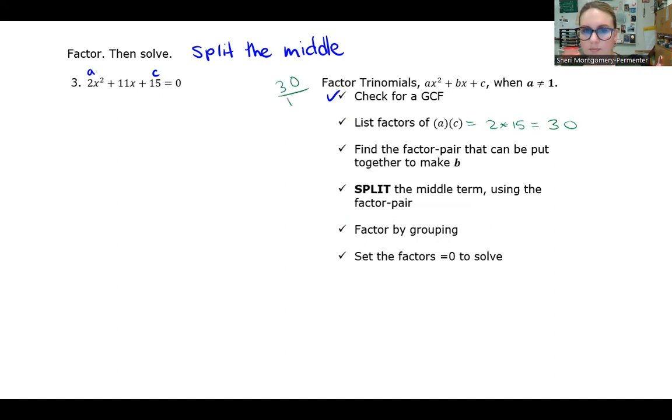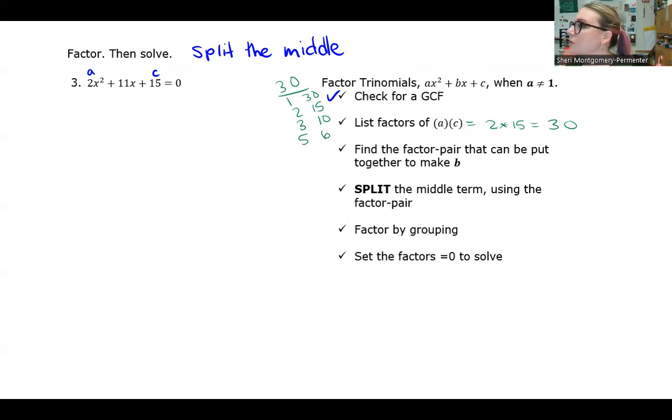We've got 1 times 30, 2 times 15, 3 times 10, and 1 more. 5 and 6.